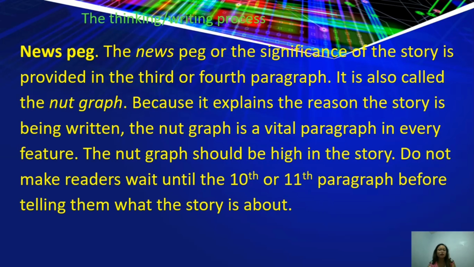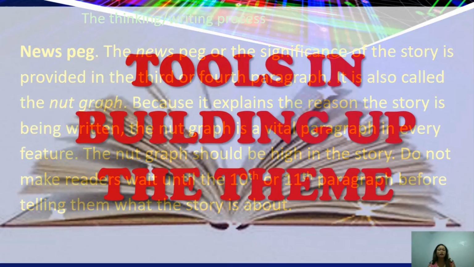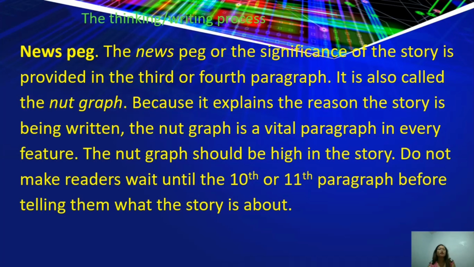The nut graph is a vital paragraph in every feature. So the nut graph should be high in the story. Do not make readers wait until the 10th or 11th paragraph before telling them what the story is about.